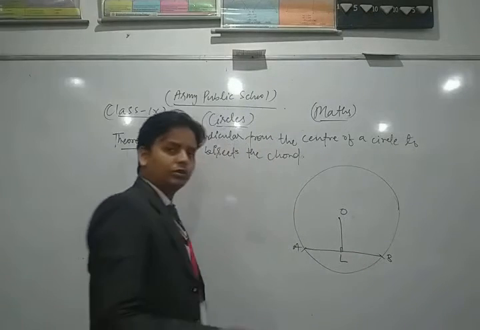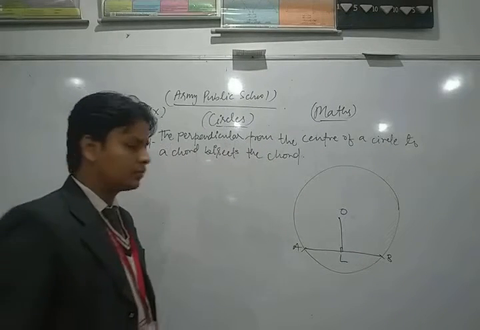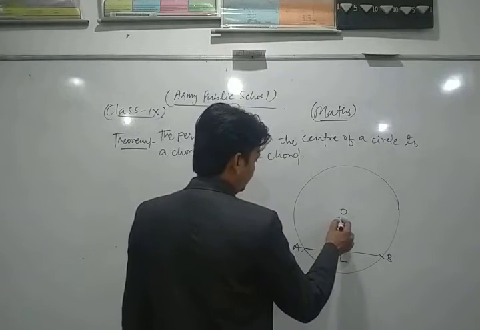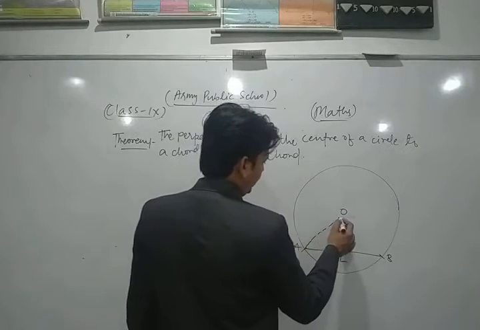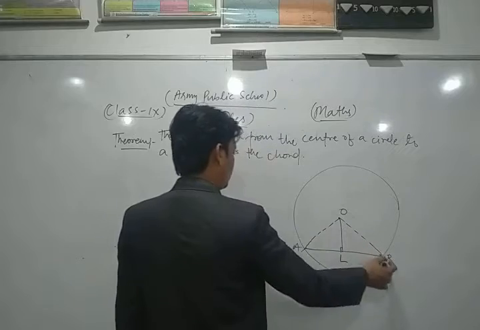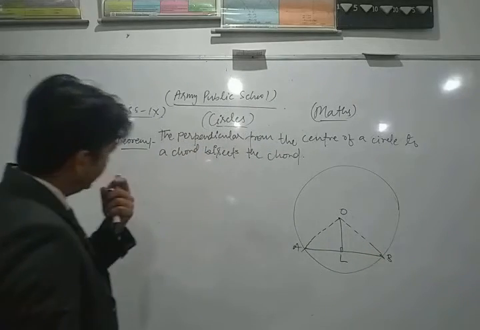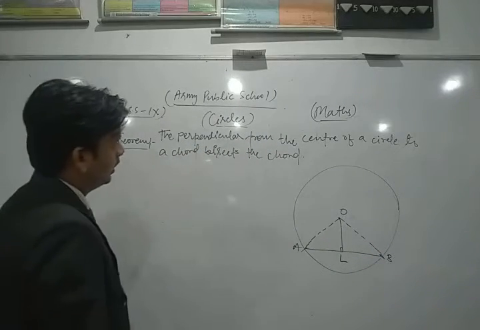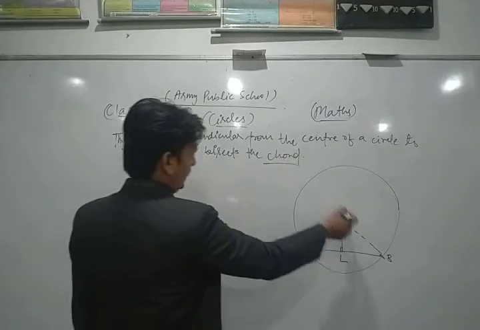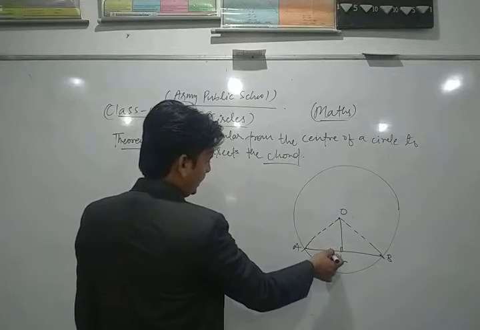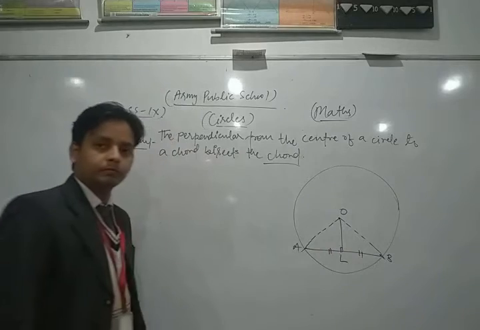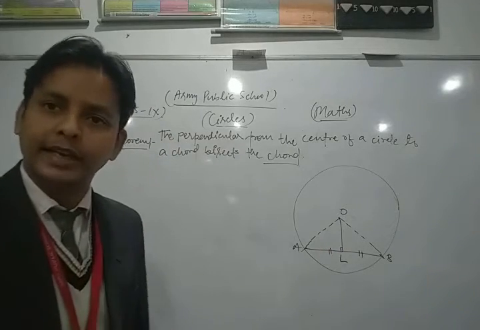Now we have to do some construction: we just join OA and OB respectively. We have to show that the perpendicular bisects the chord, which means AL is equal to BL.